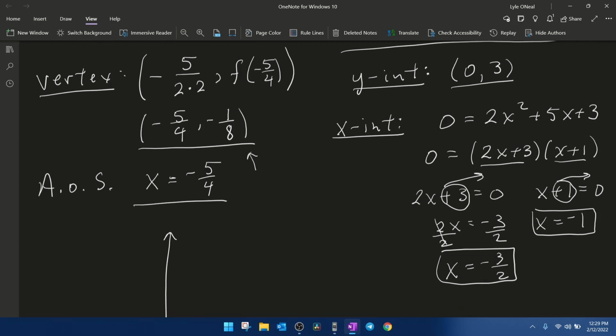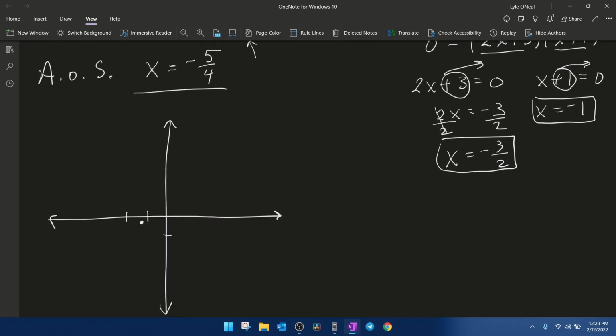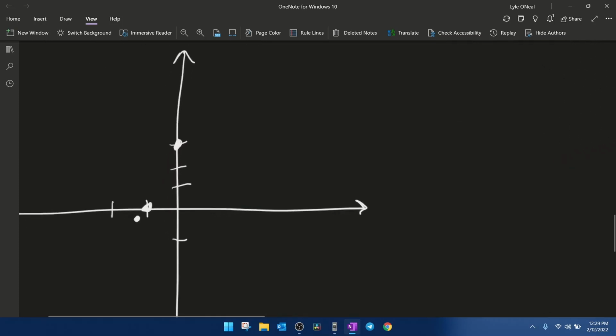The next piece of the puzzle that we're going to graph is the y-intercept, 0 and 3. And I'm going to try to keep my scale the same so that it looks nice and neat. Next are my x-intercepts at -1 and at -3/2, which would be -1.5.